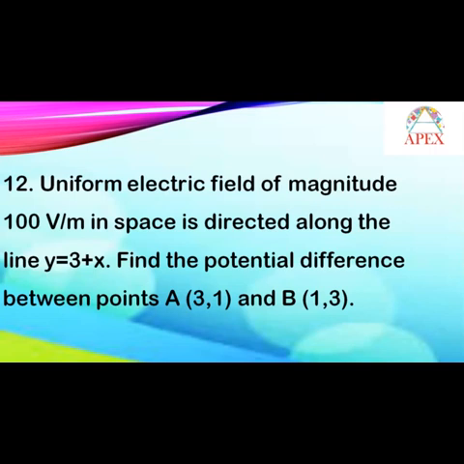So, for this particular question, first of all, the line equation was given. What is the equation of line given? Y equal to 3 plus x. And what is the electric field intensity we have? We can take here.